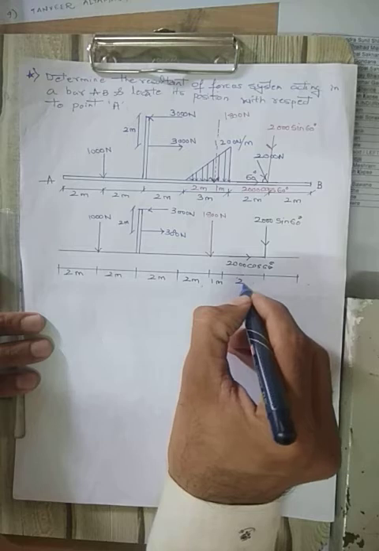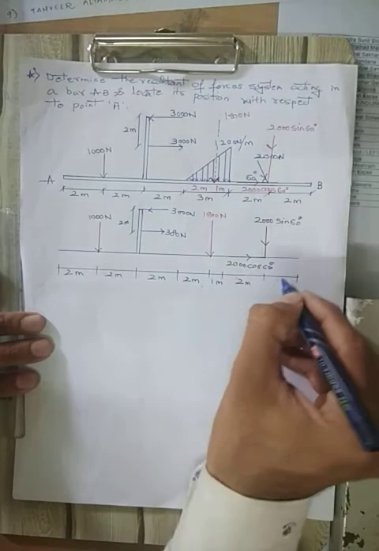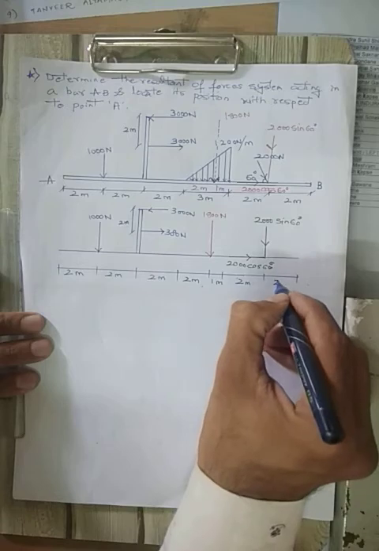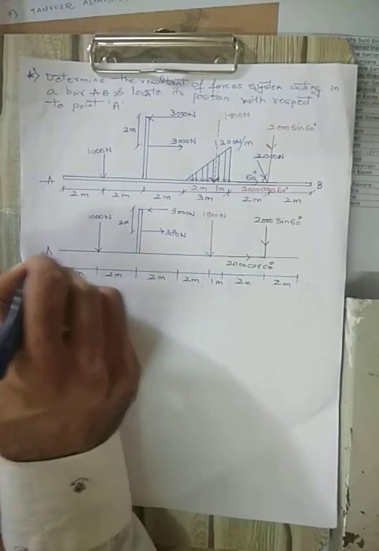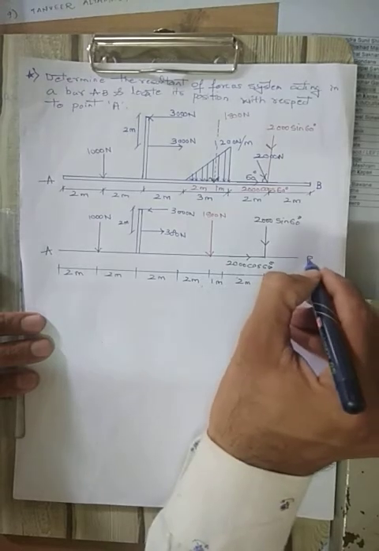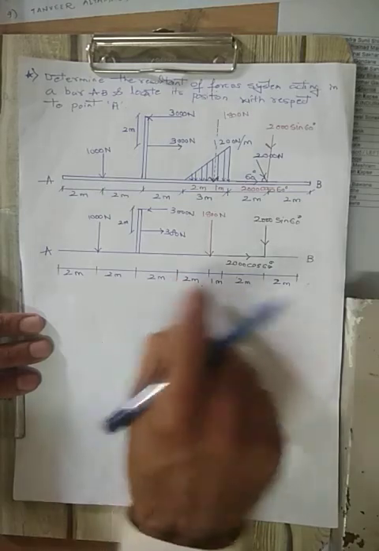As it is 2 meters, it is acting at this point. And this 2 meters is as usual. Bar is AB. So we have converted this complicated figure into a simplified figure in which all inclined forces are converted into horizontal and vertical forces, and the UVL, uniformly varying load, into a single point load acting at 2 meters and 1 meter.